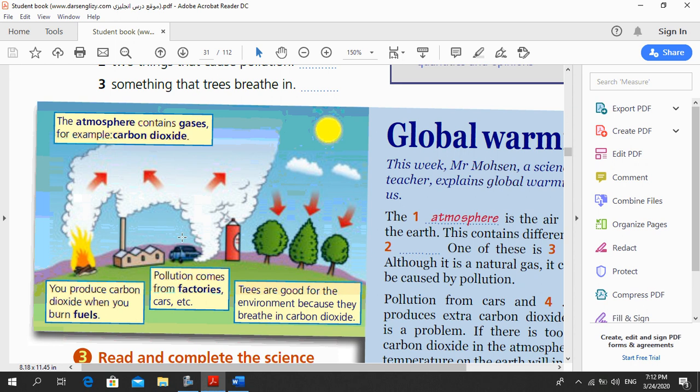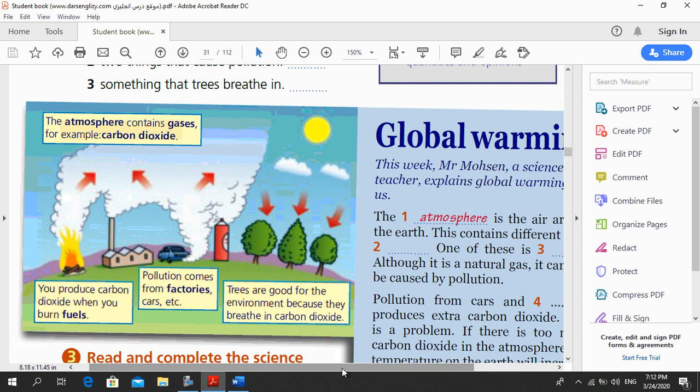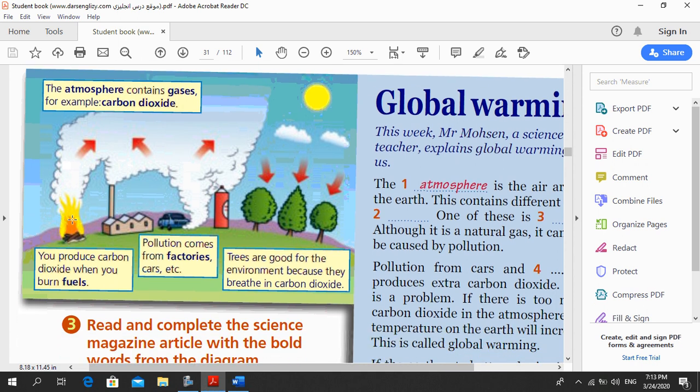So this smoke contains harmful gases such as carbon dioxide. Why is it harmful? Because it's produced in excessive amounts, not only from cars, from factories, from any fire. So from cars, from factories, from fires, burning fuels.